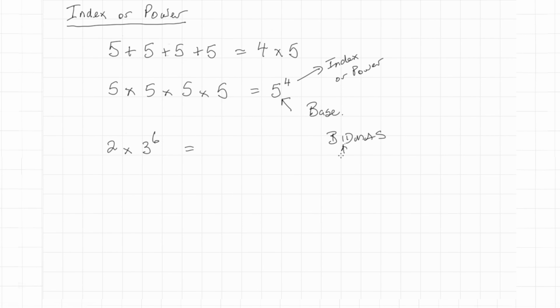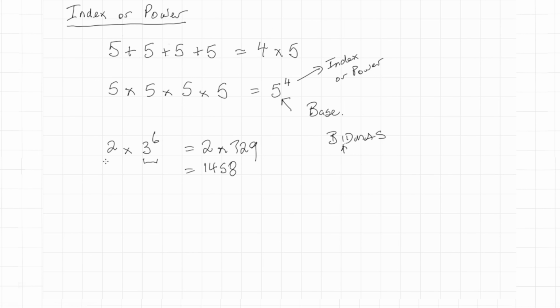So we actually just raise 3 to the power of 6, and what's that, 9 cubed, 729, so it'll be 2 times 729, and that's what, 1458. So don't think that 6 power there applies to the 2 as well. The 6 only applies to the base, not to the number that's at the front.